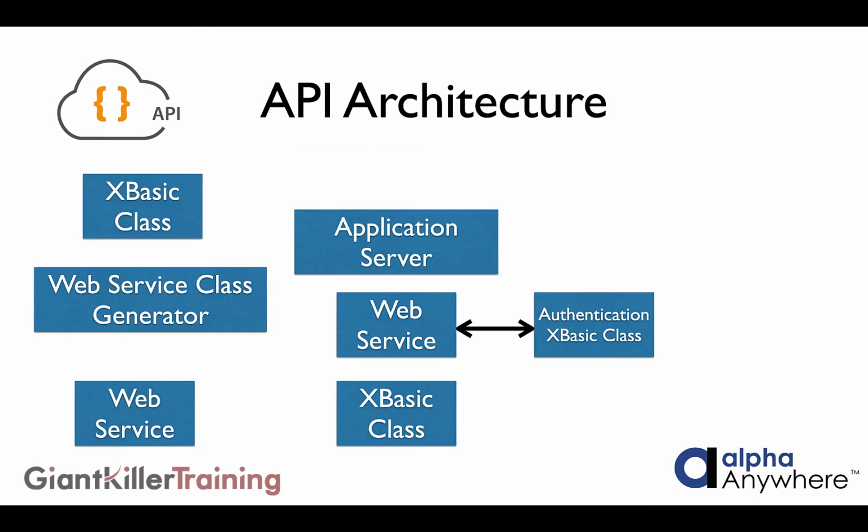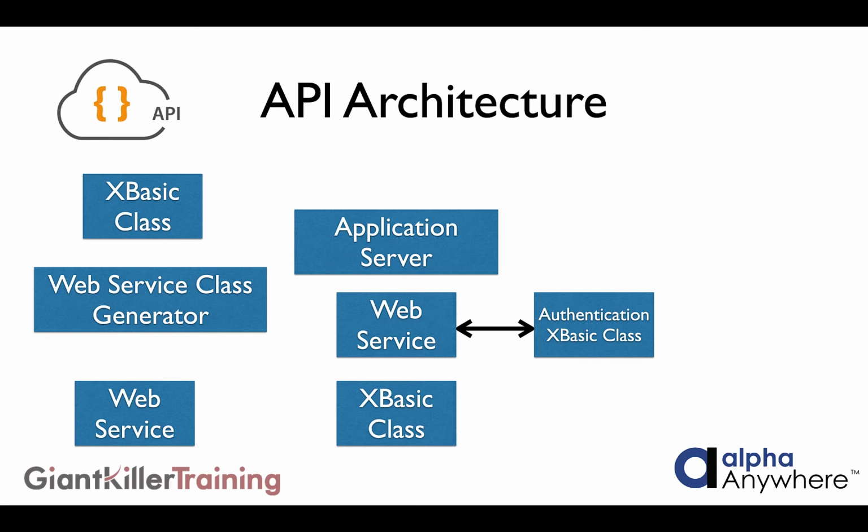So I'm going to go back to our diagram. And as you know, the XBasic class is the heart of your system. And you actually end up building a class or just a function within a class to handle your authentication. So you're using the same methodology of generating the data and the processes to support your web service.